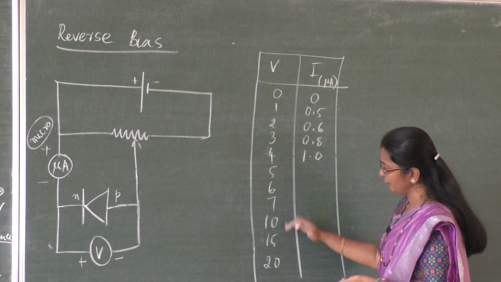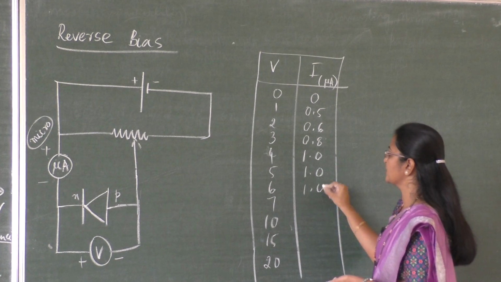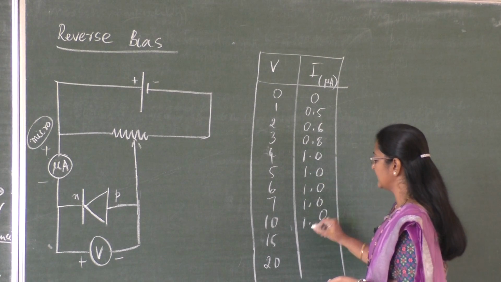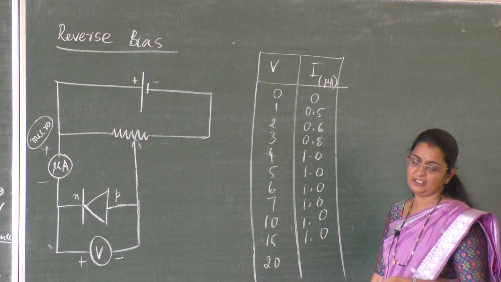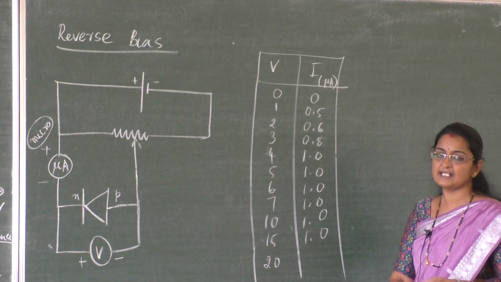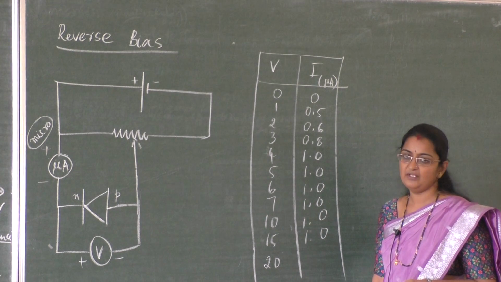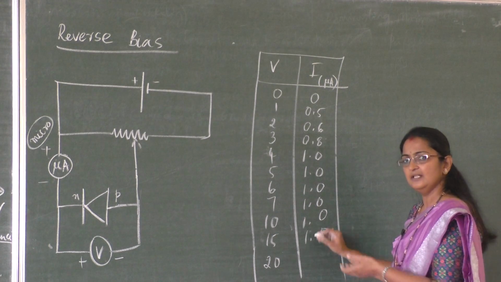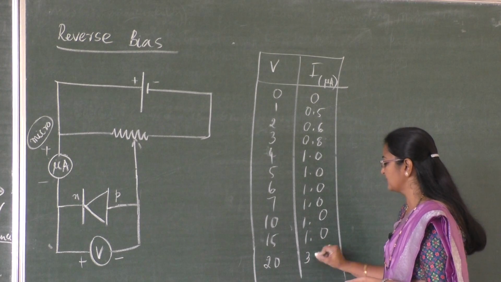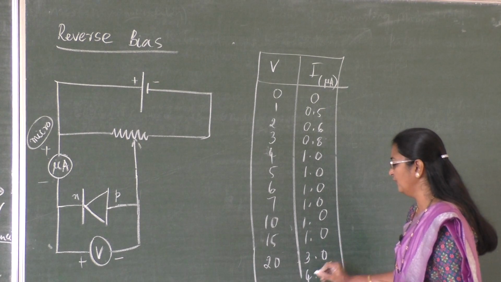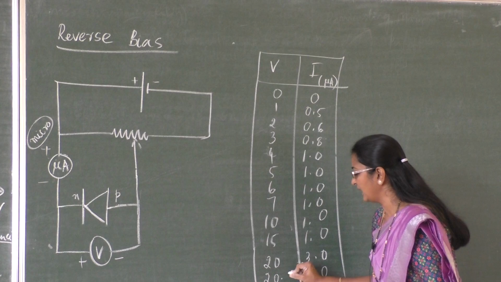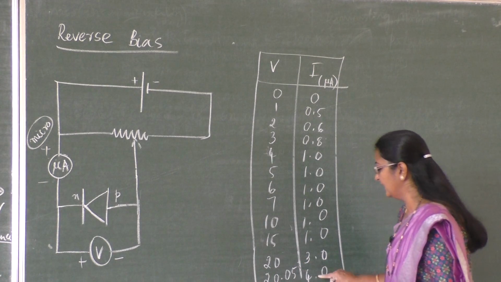And for the next few values the current almost remains the same. Then after one particular voltage, the current increases. How much it increases depends upon the applied reverse voltage. So here the current suddenly increases, say it becomes 3, next it may become 4, even if I apply 20.05 it will be 4.